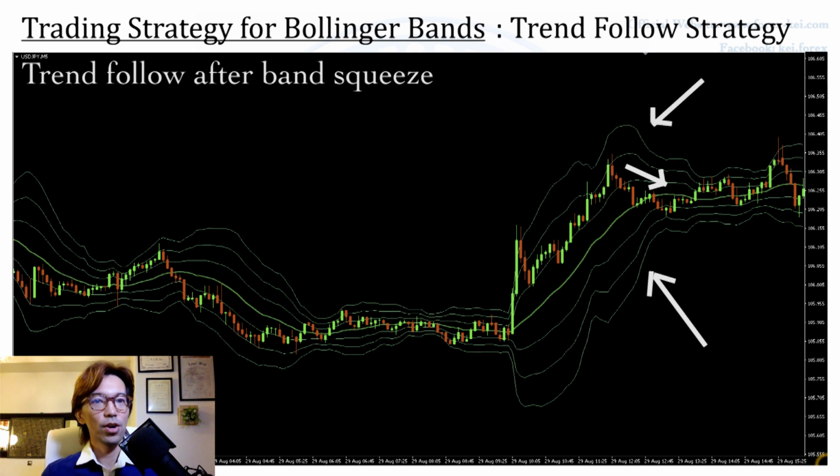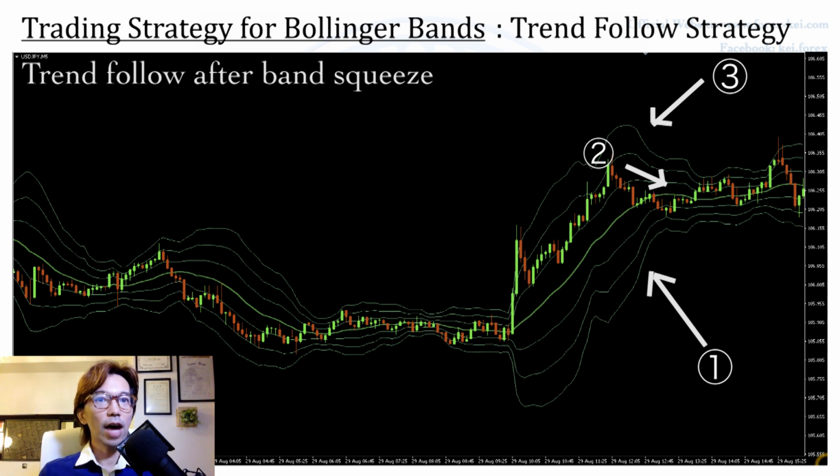Remember this order: first the band on the opposite side starts to close, then price moves away from the deviation and gets close to the moving average, then the upper band eventually closes, and this is how you confirm the end of a trend.